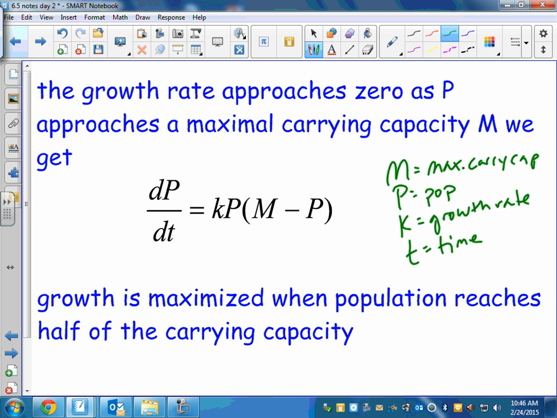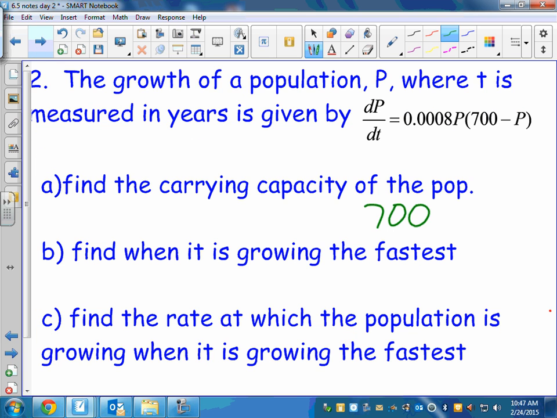Growth is maximized when the population reaches half of its carrying capacity. So if we know the carrying capacity is 700, and we know it's maximized when it reaches half of its carrying capacity, 350. I'm okay with just 350.